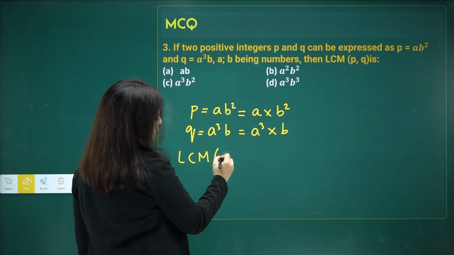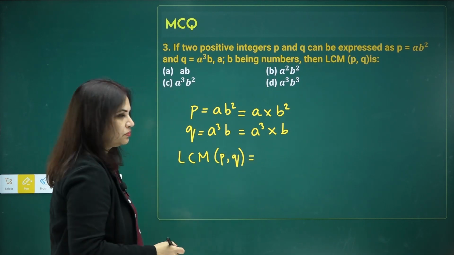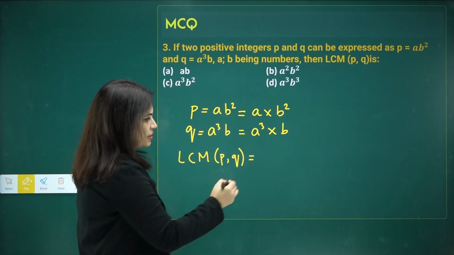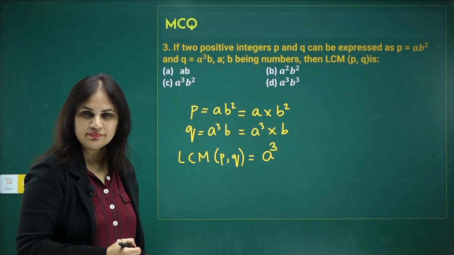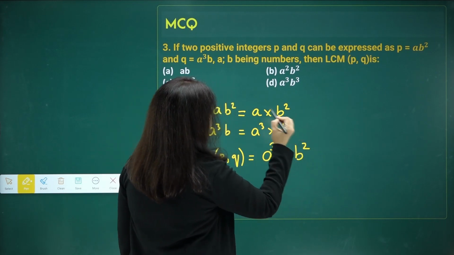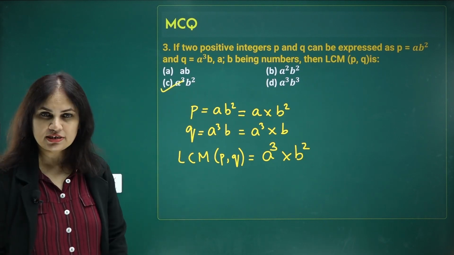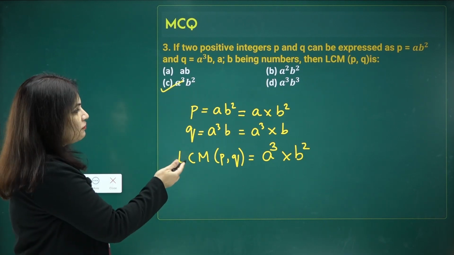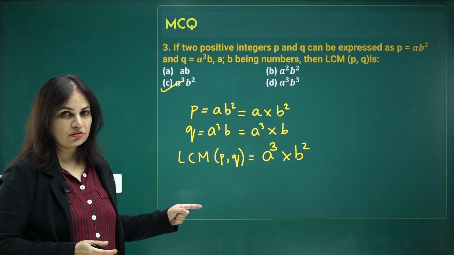LCM of p, q is equal to, we take the common bases a and their highest power, and I take the common base b and its highest power. So the correct option is C. So here the fundamental theorem of arithmetic is important.